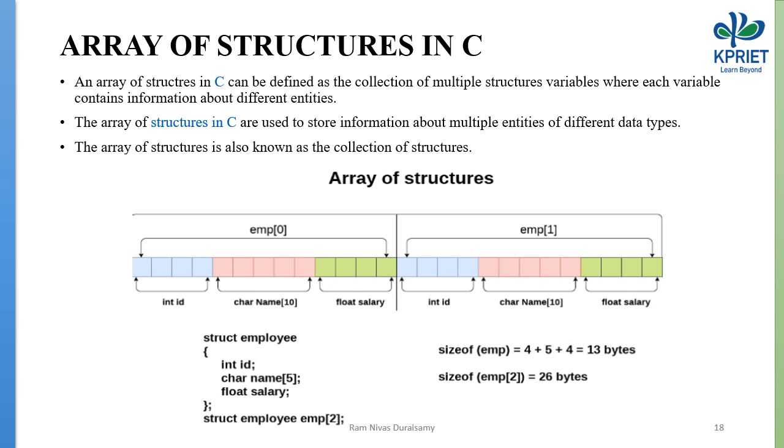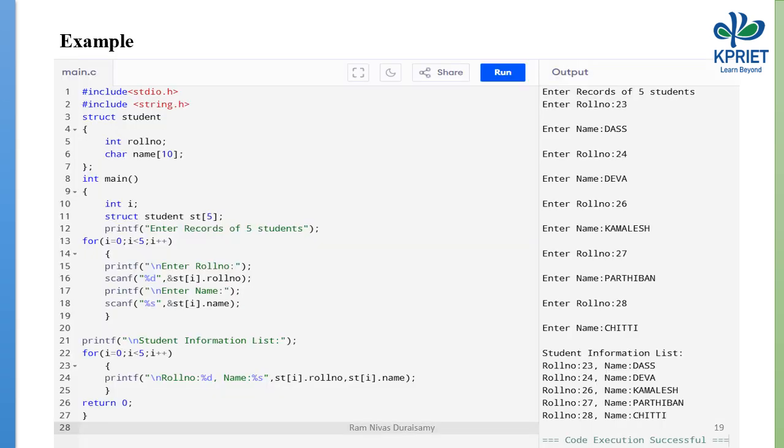One employee will take 13 bytes. So if two employees are enrolled, then it will take 26 bytes. Each space will be allocated separately. So ID will take 4, name will take 5 bytes, and salary will take another 4.